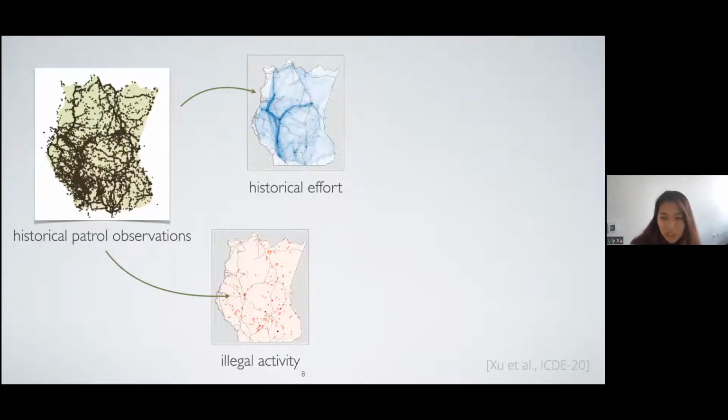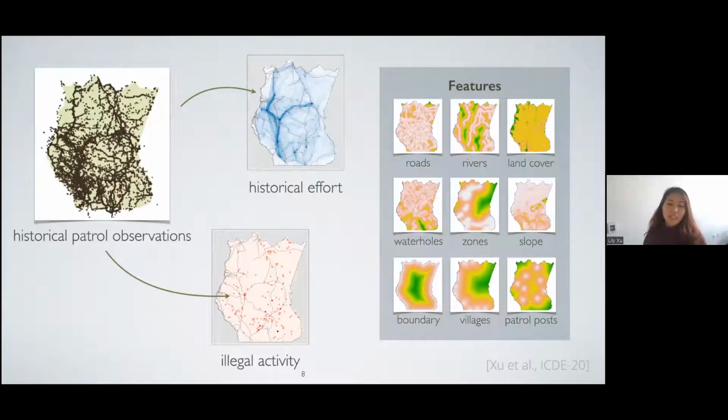And then in order to make predictions on where illegal activity might be in the areas of the park that have not been frequently patrolled, we bring in geographic characteristics that we believe might be correlated with poaching. So these include geospatial information about the terrain, such as rivers, land cover, and water holes.